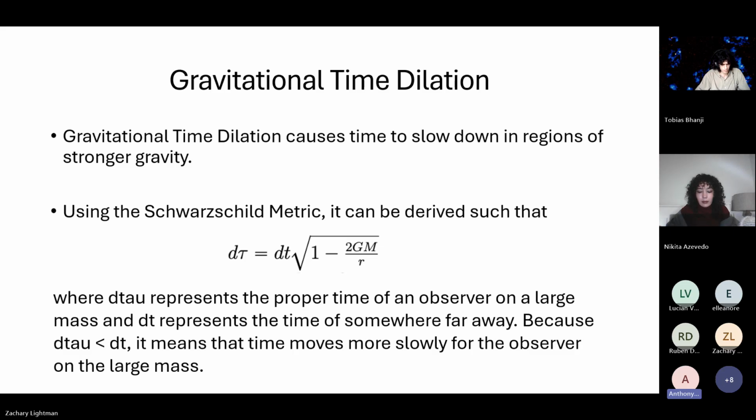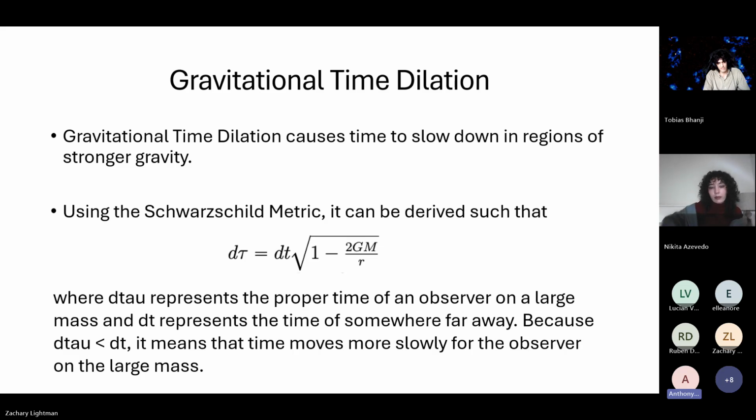The Schwarzschild metric here is a complete solution for Einstein's field equations from his theory of general relativity. We can manipulate it into this equation down here, which is d tau equals dt times a factor of the gravitational constant, mass, and radius.